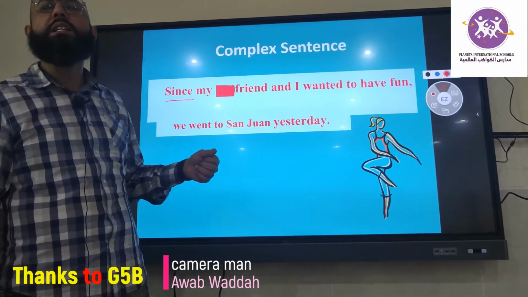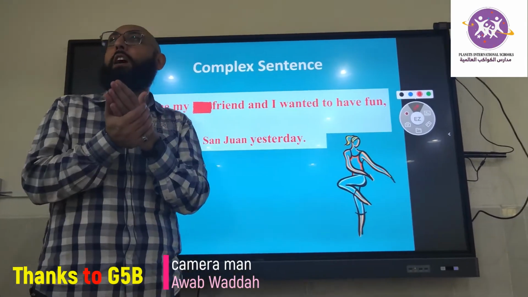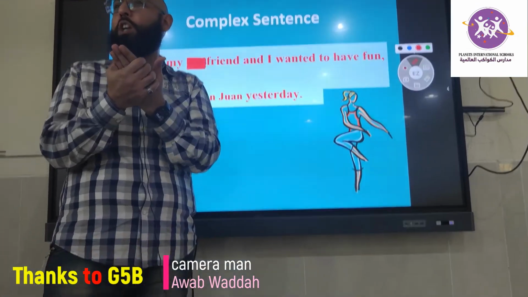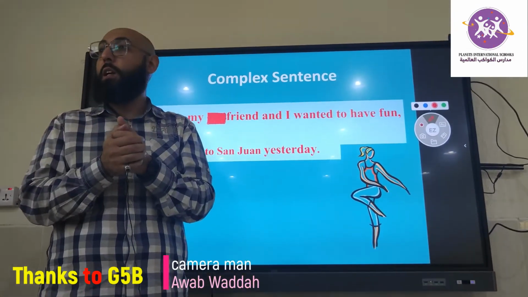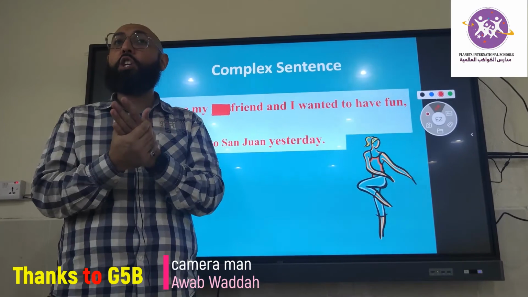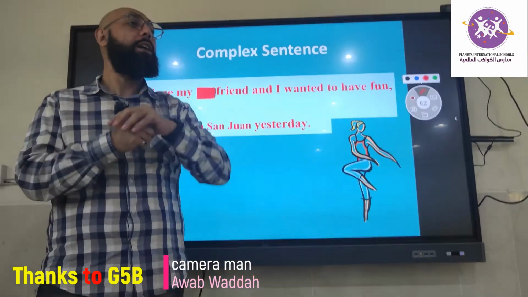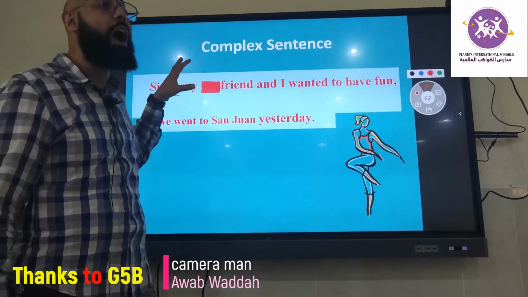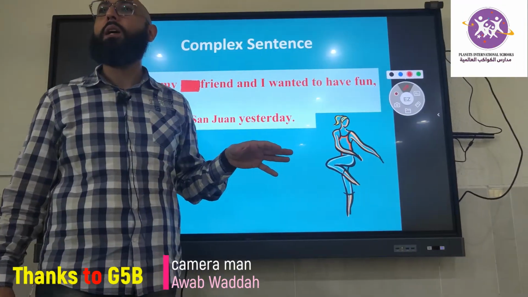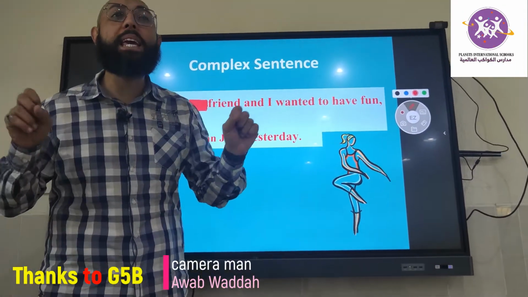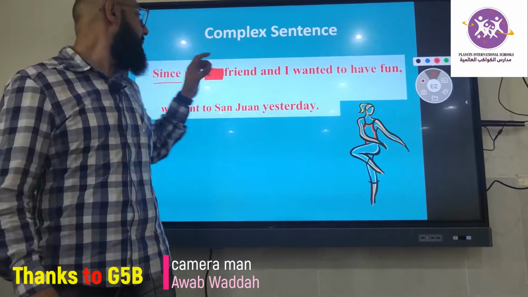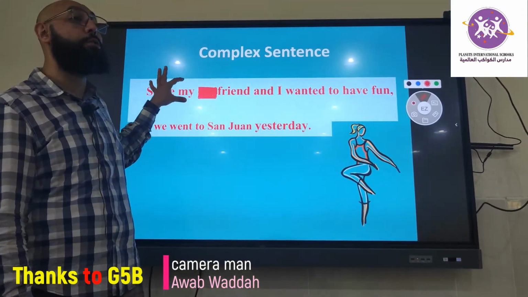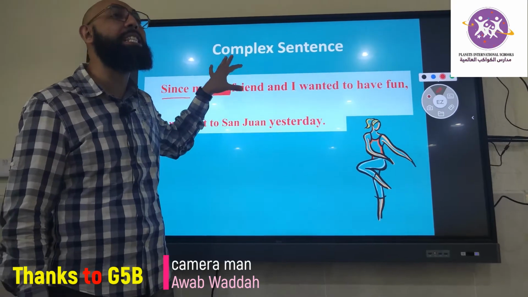Since, exactly. So you ask yourself, is it a coordinating conjunction or a subordinating conjunction? Subordinating conjunction, exactly. So since you have a subordinating conjunction, it must be a complex sentence, because this subordinating conjunction shows that this clause is dependent.